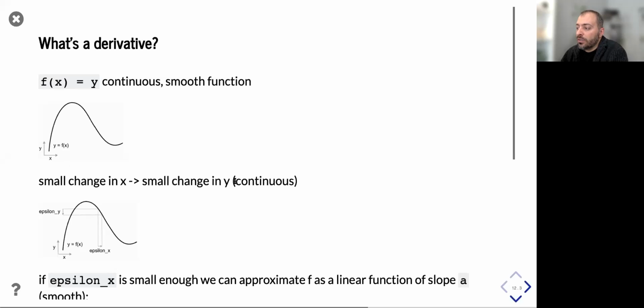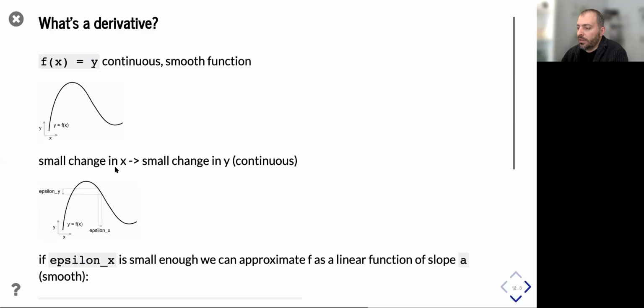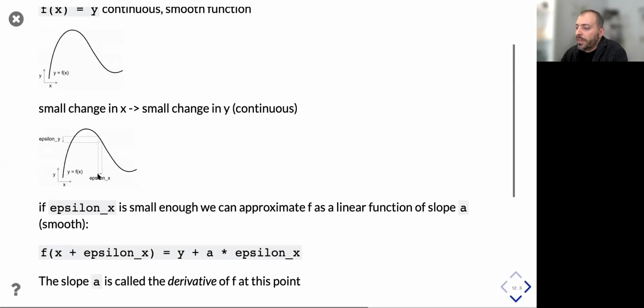Now, what does continuous mean? It means that, as I mentioned before, small changes in x produce small changes in y. So if we make a small change epsilon x and we move x a bit to the right, if this is small enough, we can approximate f, so how y will move, as a linear function, as a line.